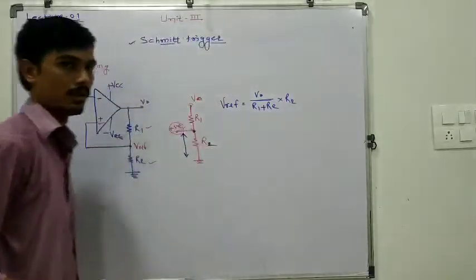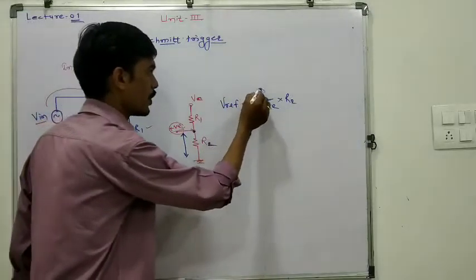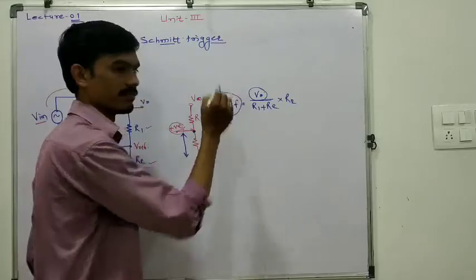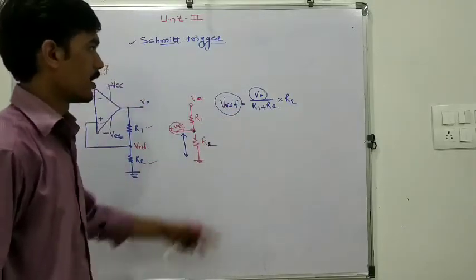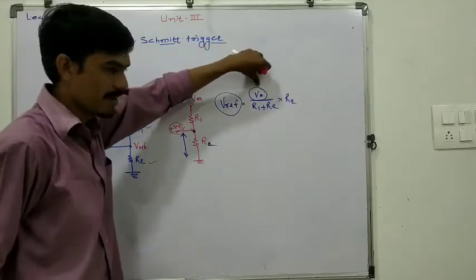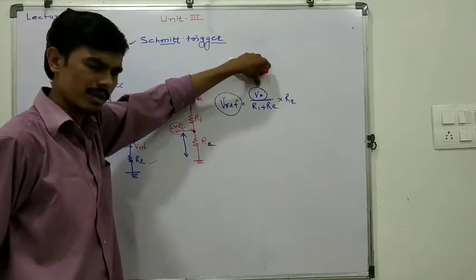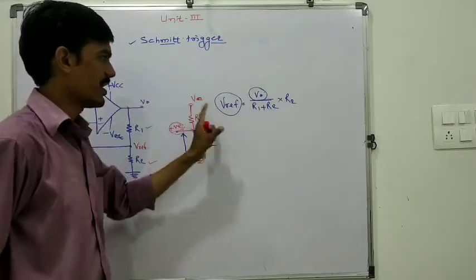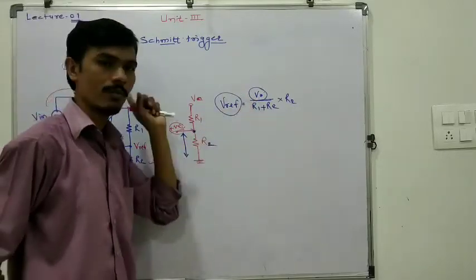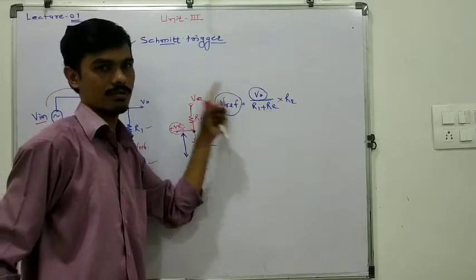R2. Now, depending on the output voltage, the value of V reference will change. So V reference depends on VO. But we cannot say V reference depends only on VO. It depends on the R1 or R2 value also.